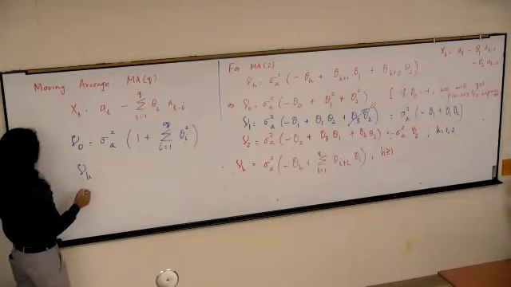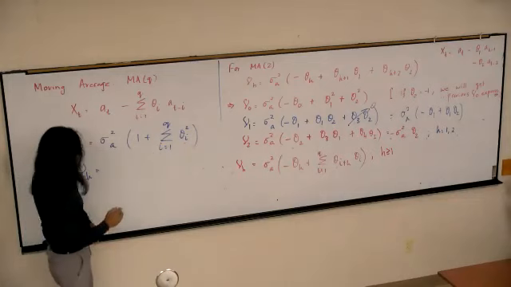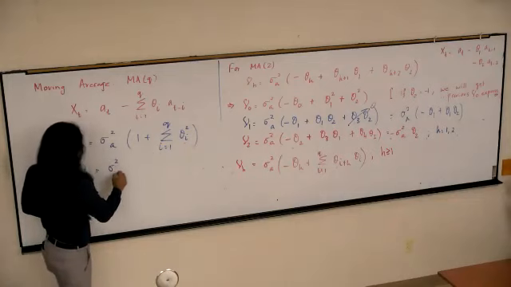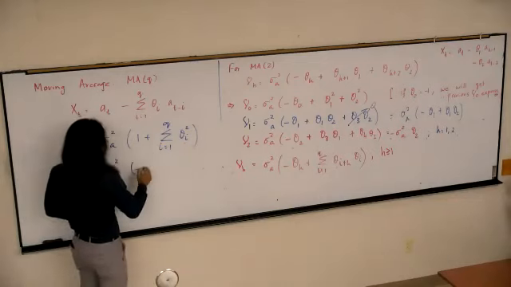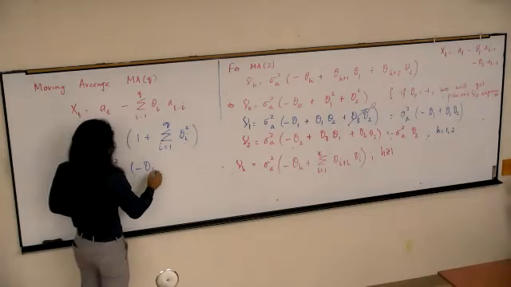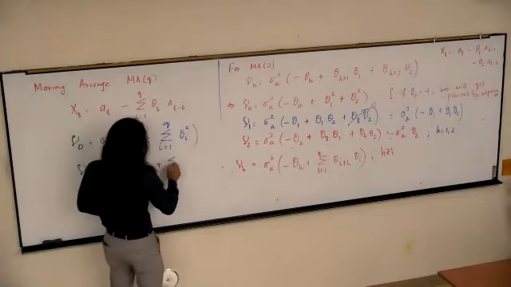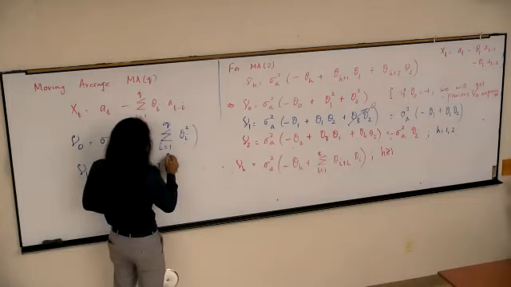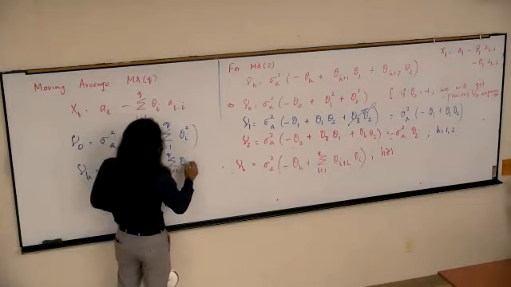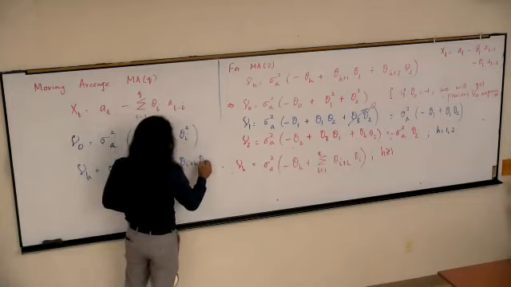Gamma H would equal that expression, sigma squared A times negative theta H, plus the sum i equals 1 to Q of theta i plus H times theta i.